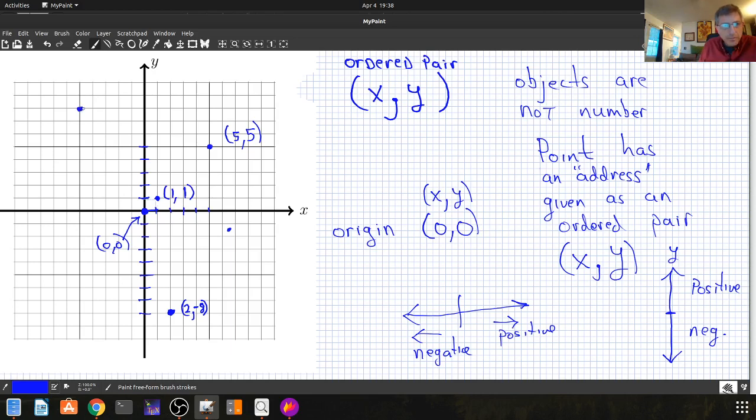And I want you to try right now, pause the video if you need to, and try to find the coordinate, that's supposed to be a comma there, of this point right here. Okay, so let's see its x value. Here is my 0, 0. So this corresponds to -1, -2, -3, -4, and -5.